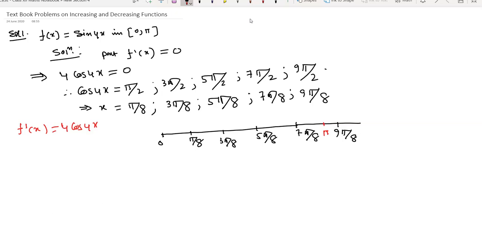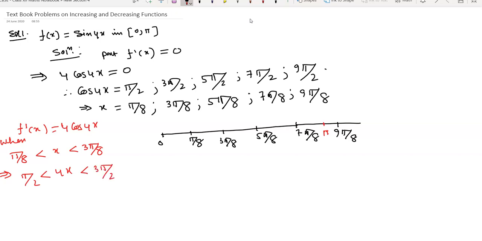Suppose I am taking say pi by 8 to 3 pi by 8 in this interval. So when x is greater than pi by 8 and less than 3 pi by 8, this implies that 4x will be greater than pi by 2 and less than 3 pi by 2.